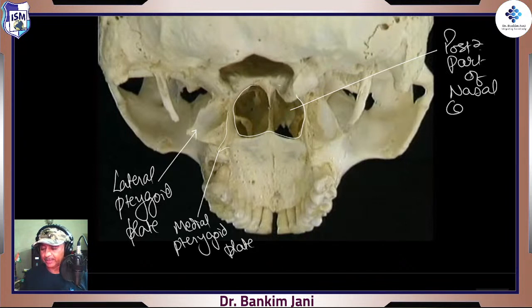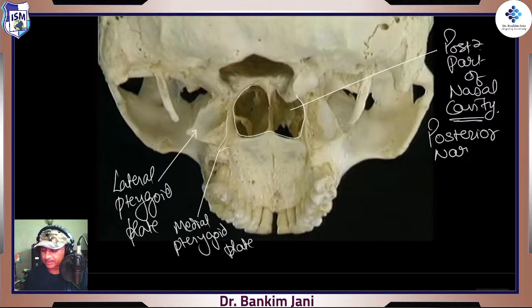Again, the nasal cavity would be a fantastic full topic. But anteriorly we saw that was the anterior part of the nasal cavity, and this one is the posterior part. They are called the posterior nares. The way we have got anterior nares, these are the posterior nares.